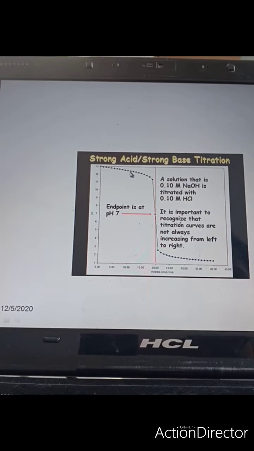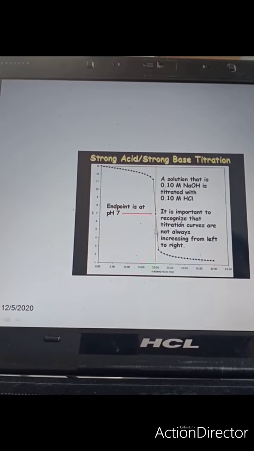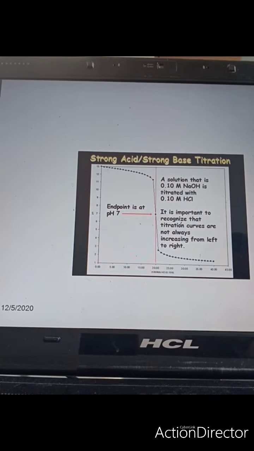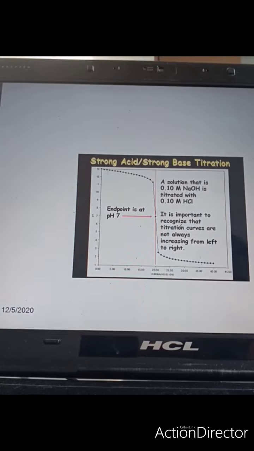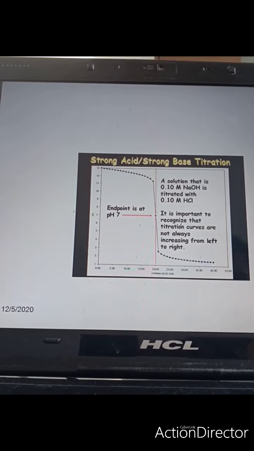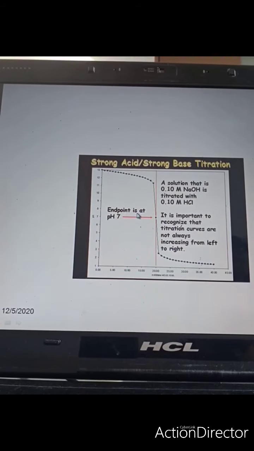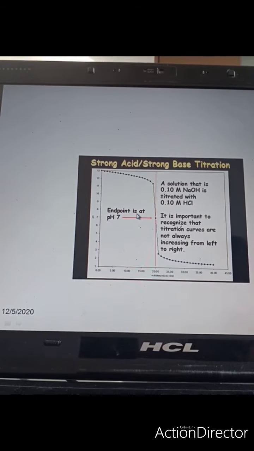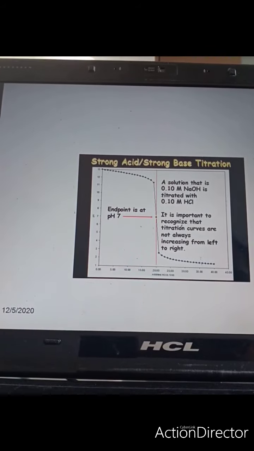As you add HCl from the burette, the pH decreases drastically. In this case also the endpoint is at pH 7, since the product formed is NaCl and water, which is neutral. You draw a straight line from here, and this gives the volume. Such a titration is known as alkalimetry, because here you find the concentration of NaOH.